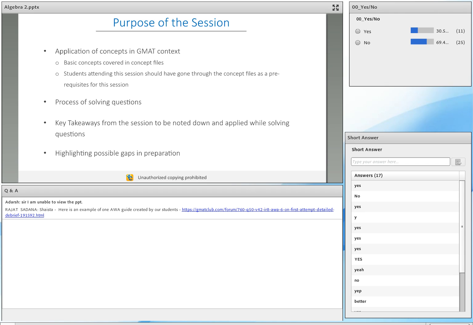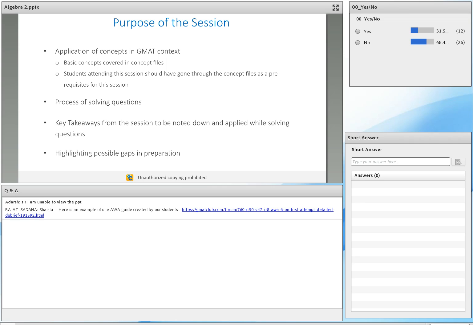As you go through the session, you'll get feedback from me based on your performance on the questions that I give you and the questions I ask while discussing solutions. That feedback will help you identify gaps in your preparation, and after the session you will be able to go back and fix those gaps.